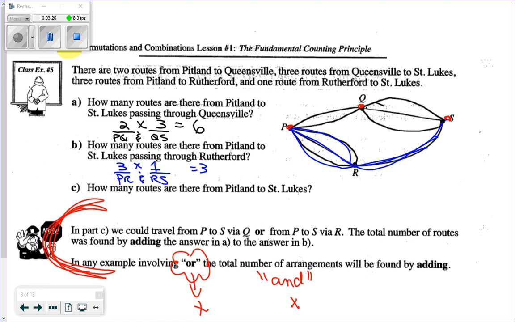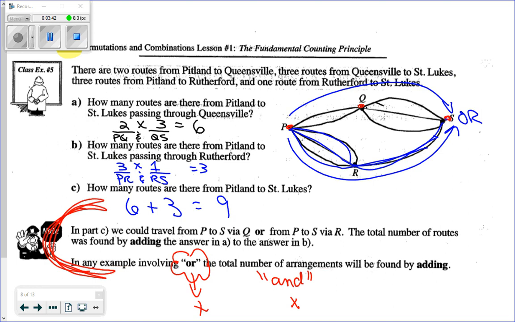So what is the total number of ways from P to S? Well, you could go this way, or you could go that way. So you just go 6 plus 3 is 9. Now, could you have just counted? Yes.